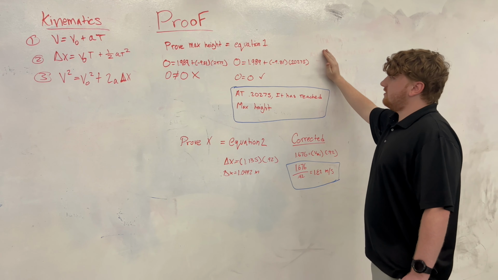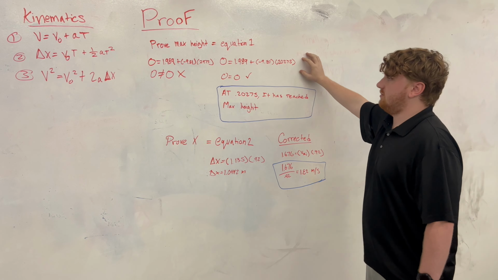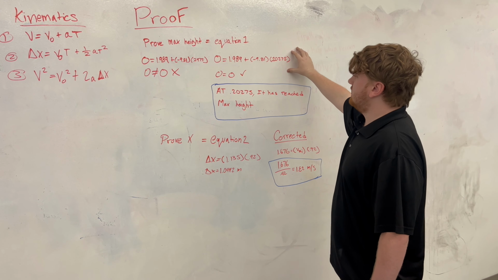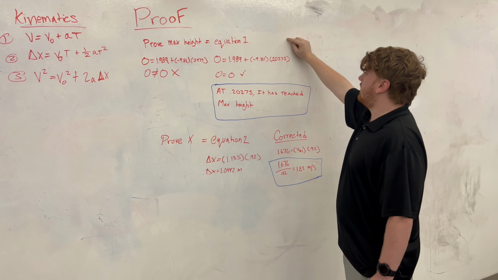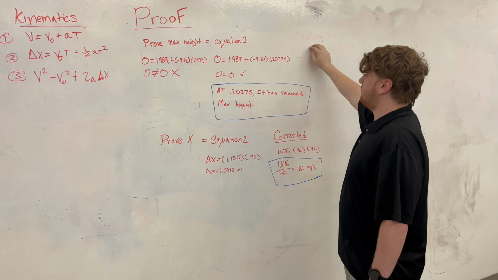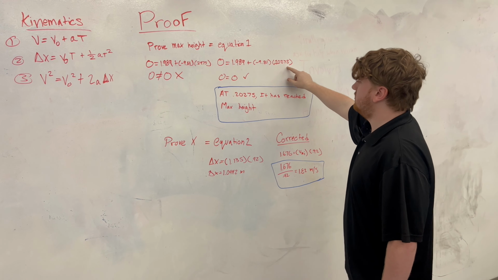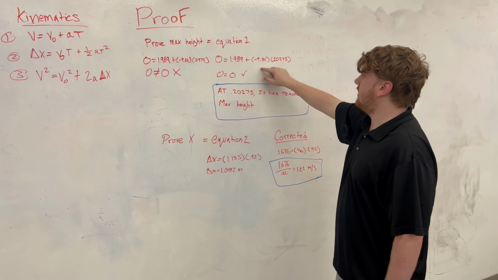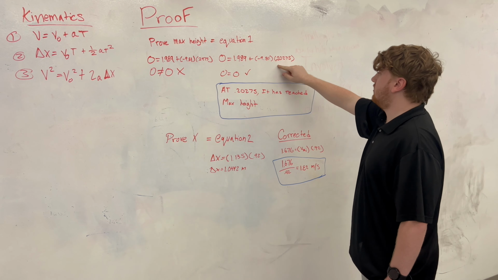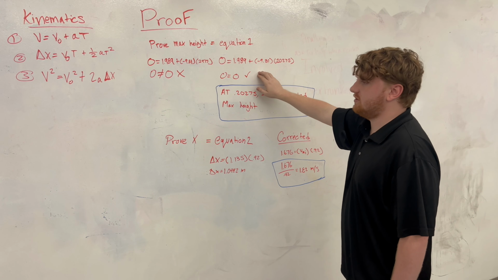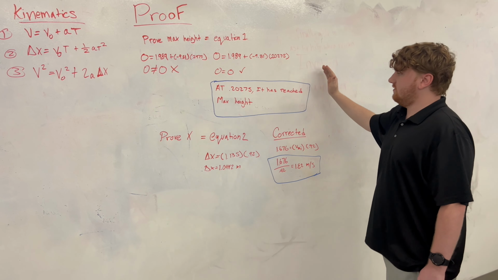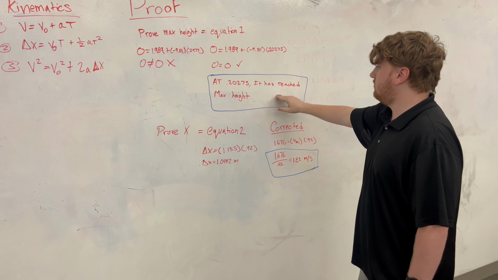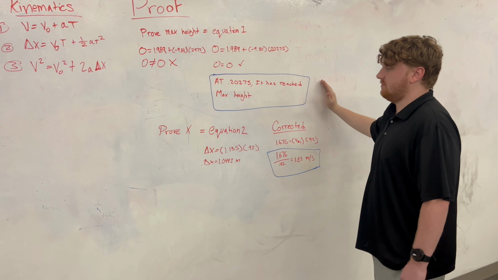On the right side, when we use our own time to make sure it works out, to get this time we move over that 1.989 on the left side and divide by gravity, and that gives you 0.20275. Now when you plug that number back in, you have 1.989 plus gravity multiplied by this time, and it actually does equal 0. And even as shown here, at time equals 0.20275, it has reached the max height.